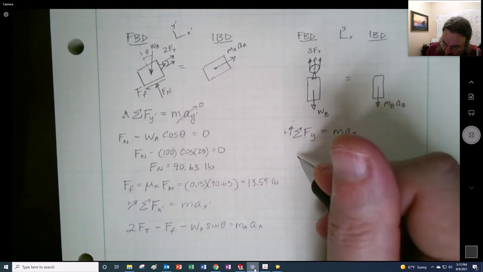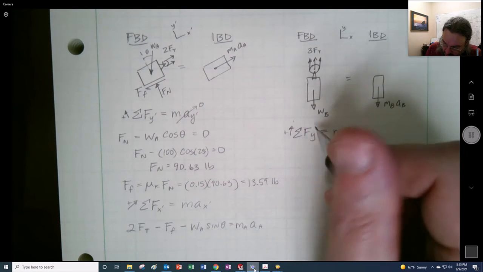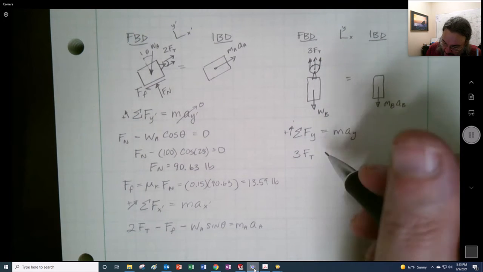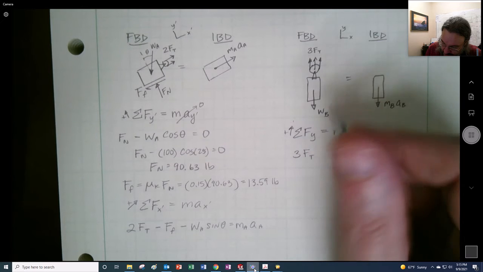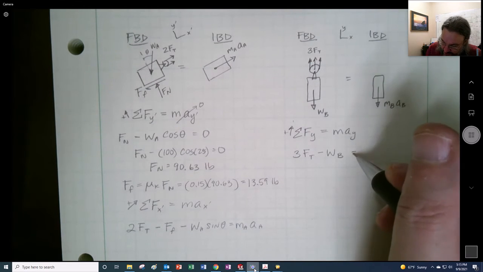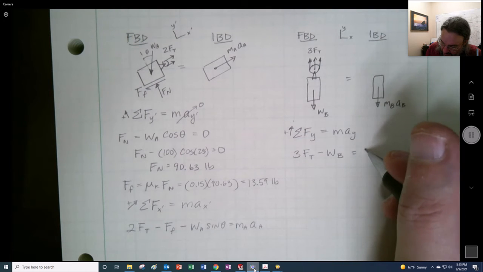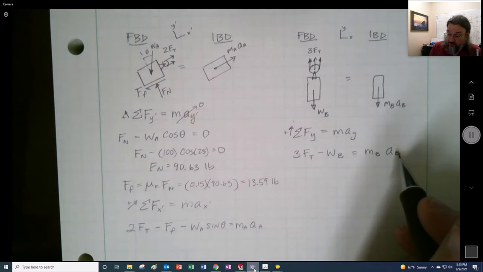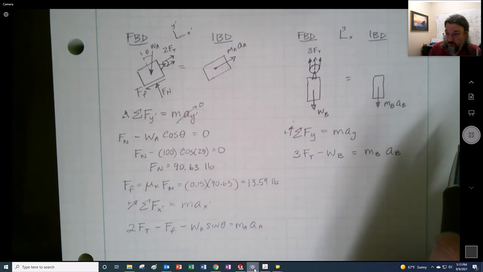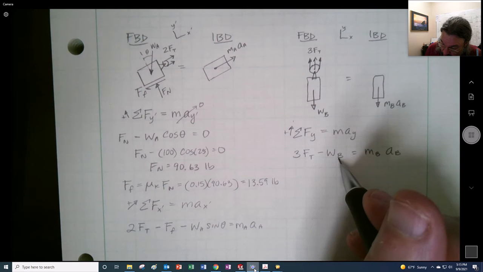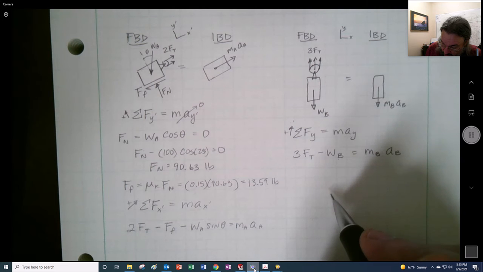So we get 3 Ft right there, minus WB, as all the forces on that side, equals mass of B times the acceleration of B. We know the acceleration of B in part A, right? But we don't know the weight, right? So that's something we're going to want to get.